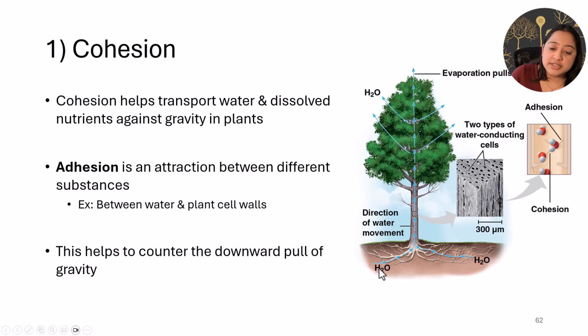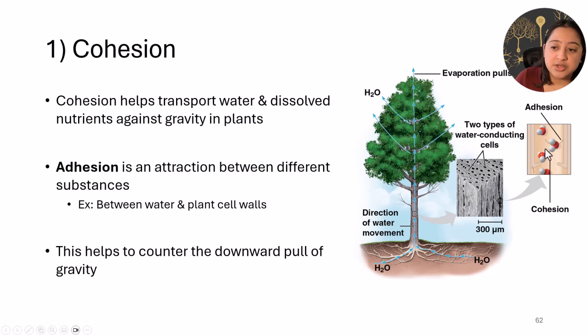And so water is able to be pulled up the tree against gravity. And then as evaporation happens from all the leaves and things like that, it kind of helps pull water upward. And so cohesion is the water molecules kind of pulling each other up. So it's these attractions between water molecules.